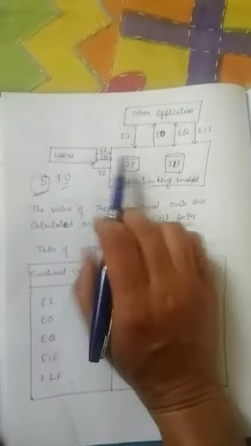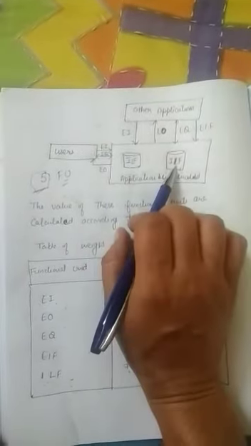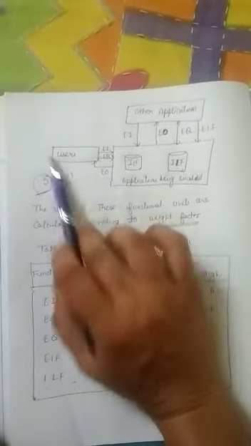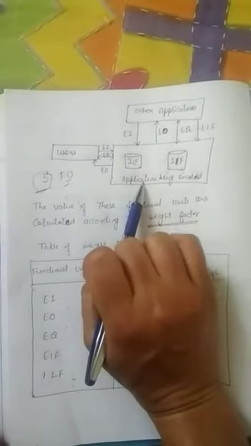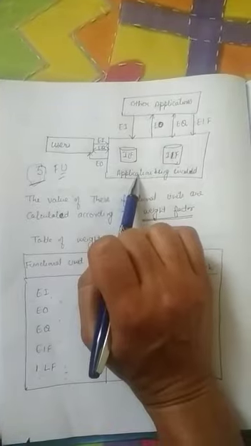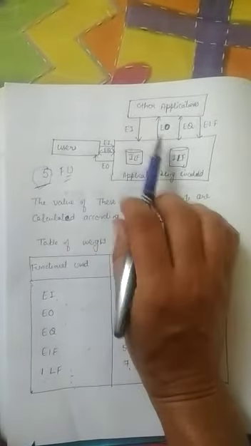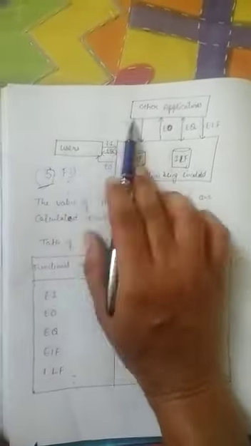Now diagrammatically we can understand how these functional units are placed in an environment, including the application whose size is being calculated and the other applications or users as the external environment.